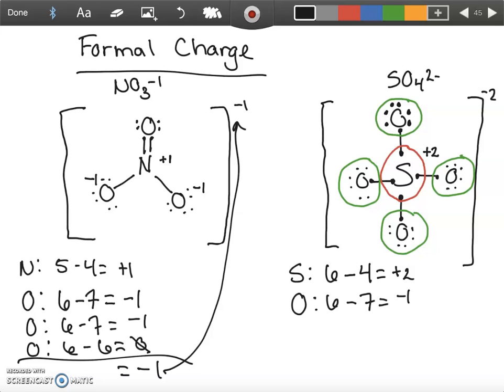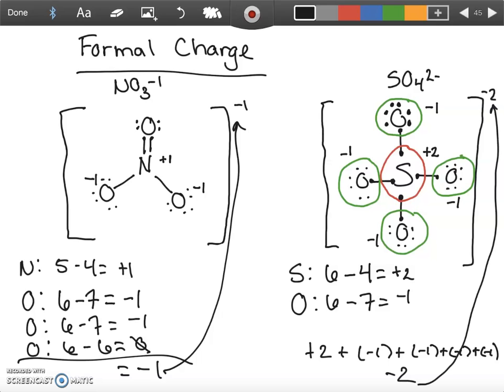But there are 4 of them that are like that. So we're going to put a -1 on each one of these oxygens here. And if we add up all of those charges, the 4 -1s and the +2, we will end up with a -2 charge, and that's where that comes from.